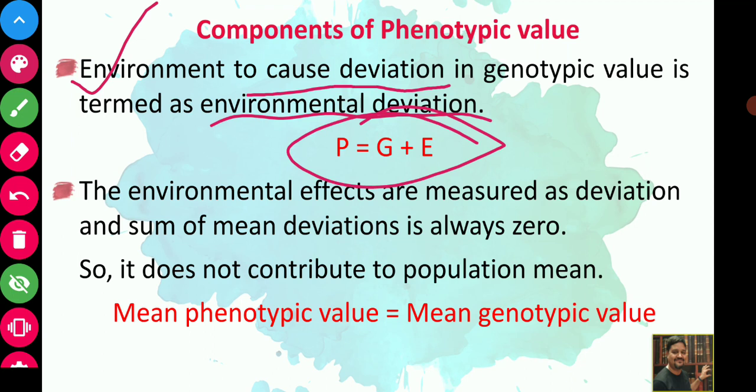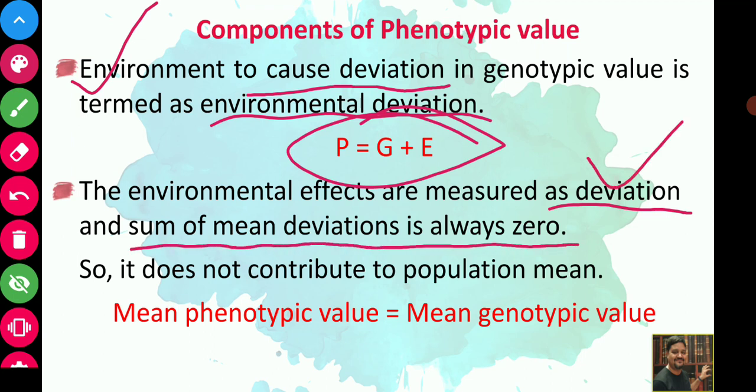The environmental effects are measured as deviation, and the sum of the mean deviation is always 0. As I have already discussed, environmental effects are measured as deviation because it modifies or deviates the original expression.